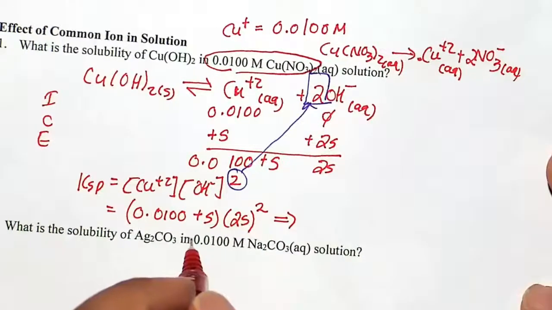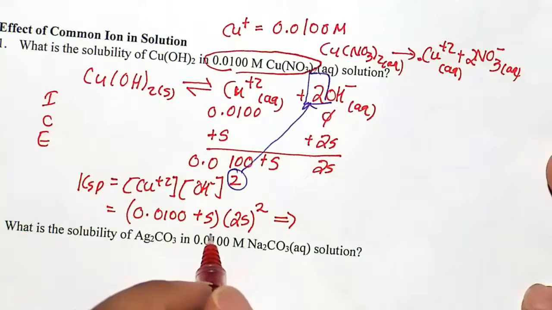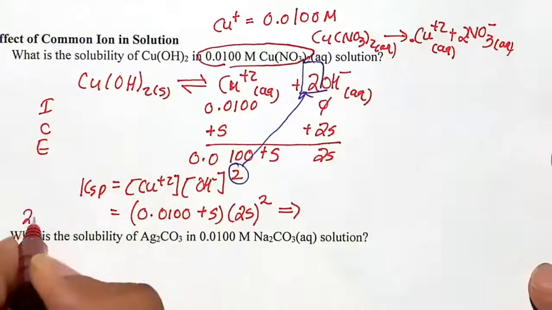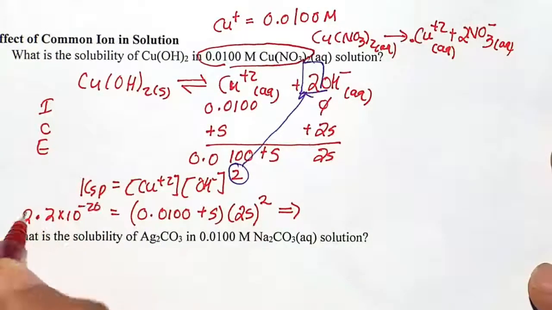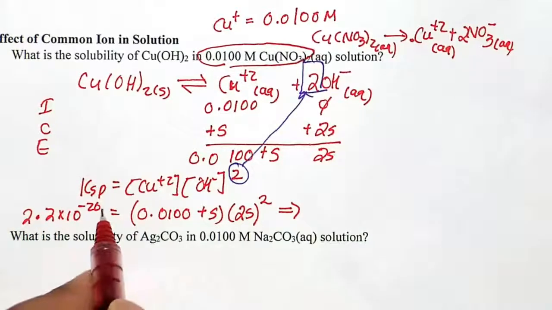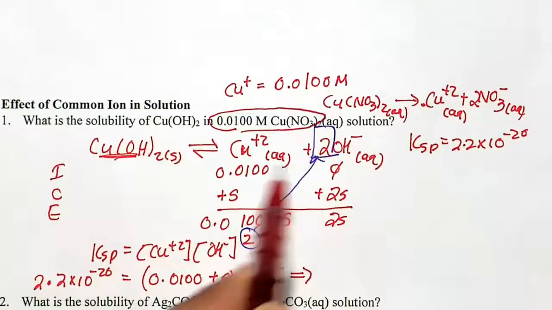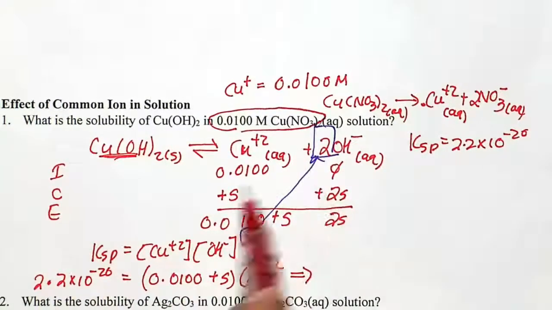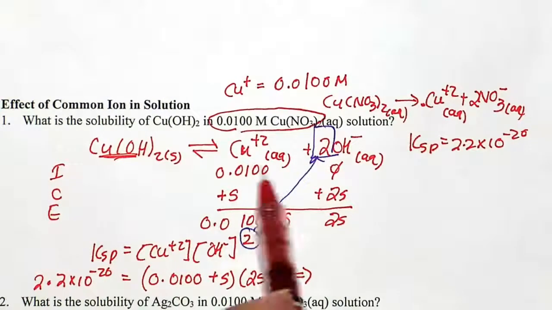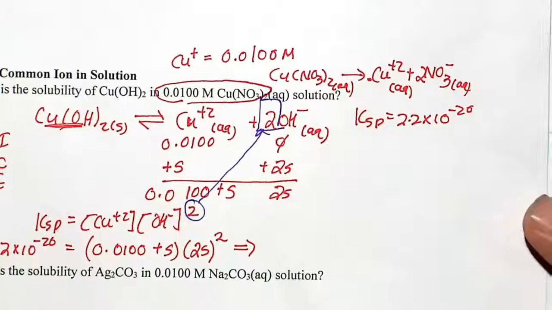So I'll assume that my S is going to be small. Now how can I make my assumption? The KSP value at 25 degrees is 2.2 times 10 to the minus 20. So the solid is going to stay here and very little of it is going to go to the right towards the component ions. But there's enough that we can probably try to determine how much of it does go back into solution.